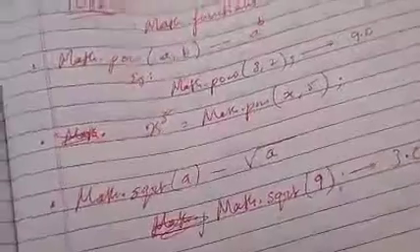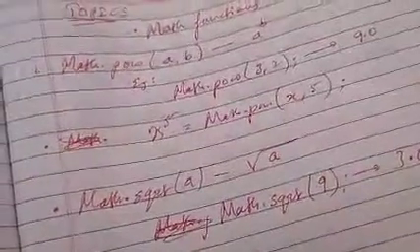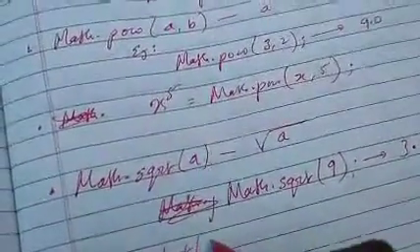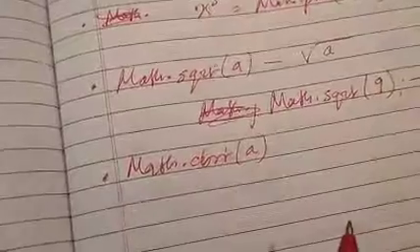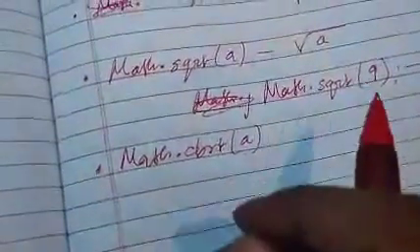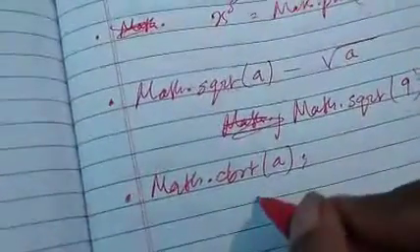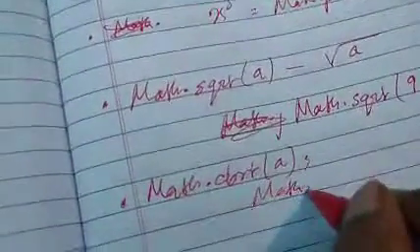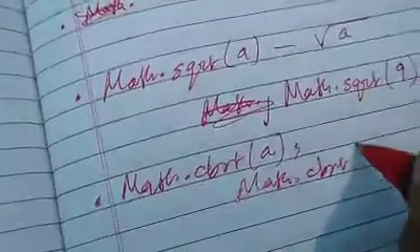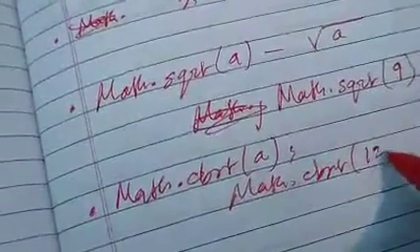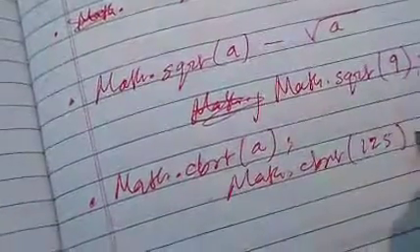Similarly, we have math.cbrt. CBRT means the cube root of A. For example, math.cbrt within brackets, say 125.